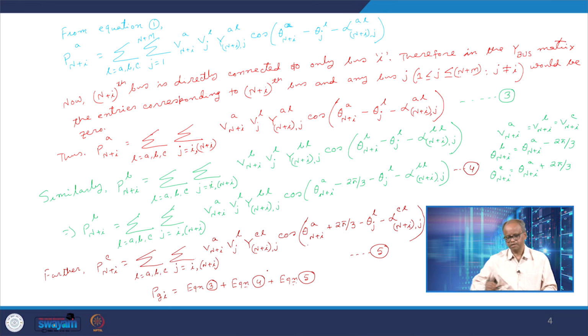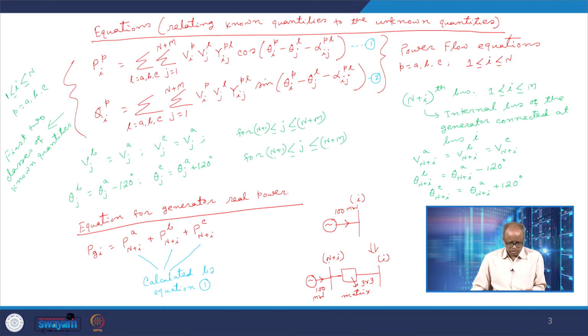So this is P G i. By adding these expressions, I will get the total expression. Although this looks pretty long, we will also see how to tackle it further. So these are the expressions, and we will have to work with them.